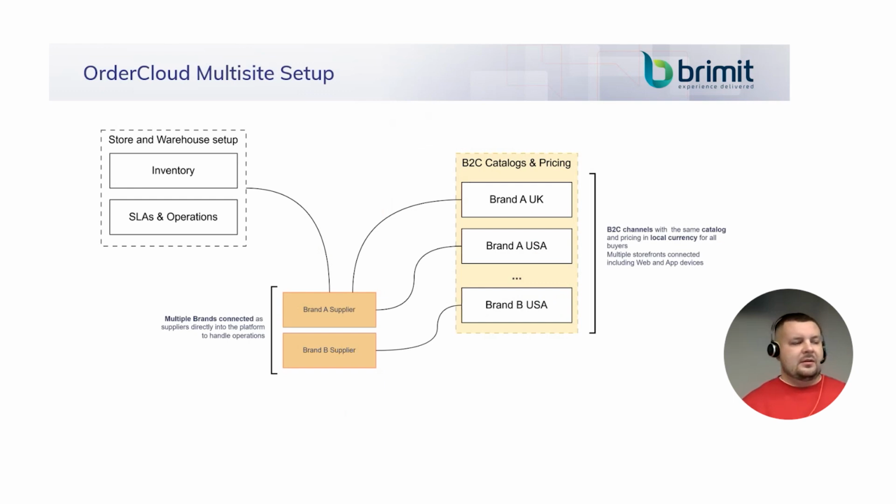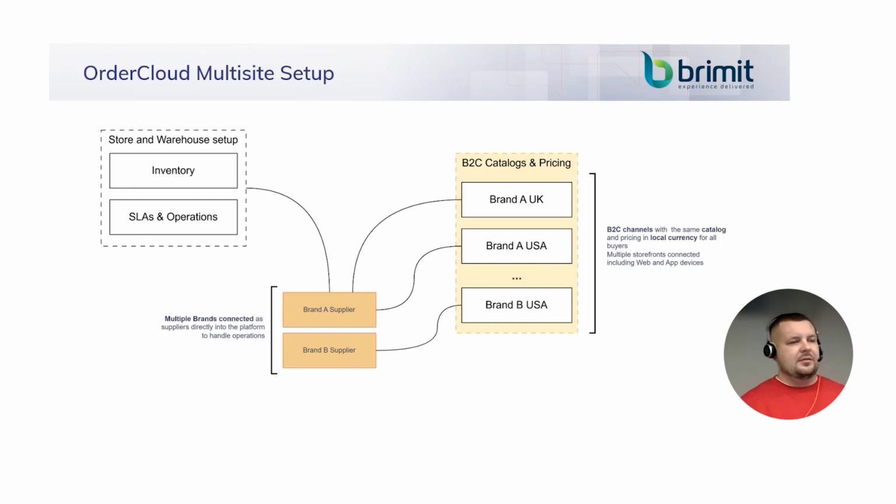We have a client which has multiple brands. These brands are represented as suppliers. Each supplier has multiple supplier addresses, which basically means that it can be a warehouse or a store. In each country, the client has multiple stores and warehouses, or can have only a warehouse without stores, with its own inventory as licensed operations.